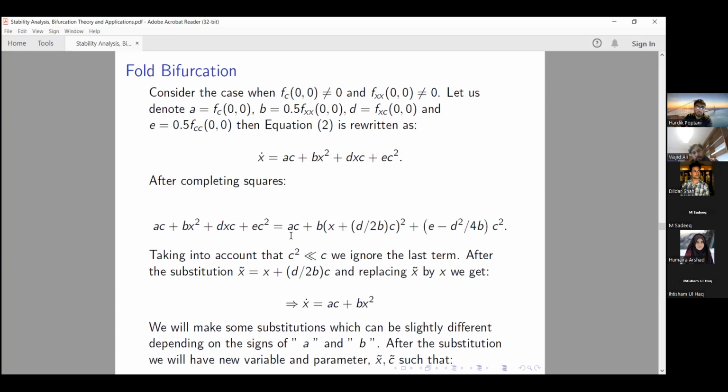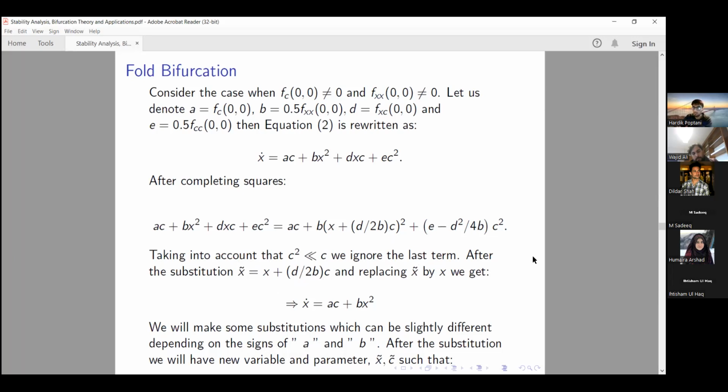Therefore, we get x dot equals Ac plus bx squared. The reason we can do this, if anyone is unsure, goes back again to topological equivalence. You are not changing the entire system.